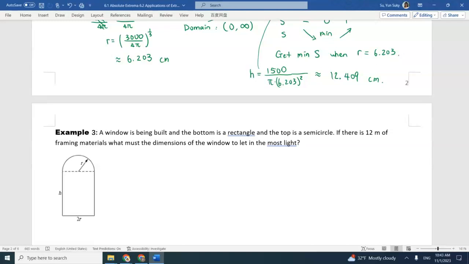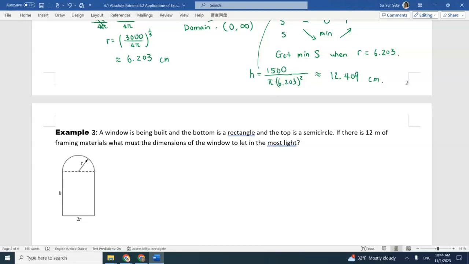Sometimes you look at the units and you can tell. Meter is length. Meter squared is area. Meter cubed is volume. Right, everybody? So here you are given 12 meters. Meter is the length. So it means the perimeter is 12.